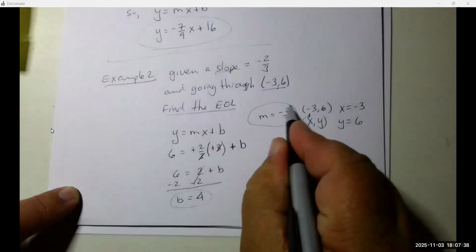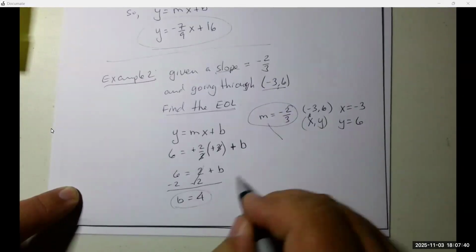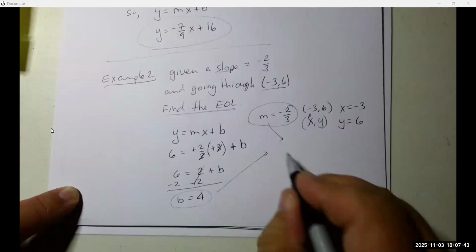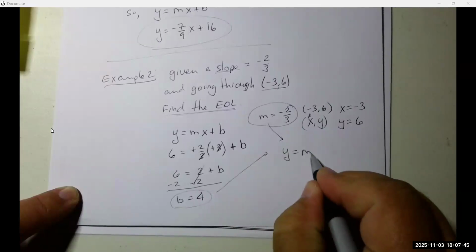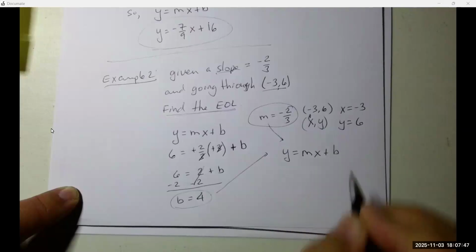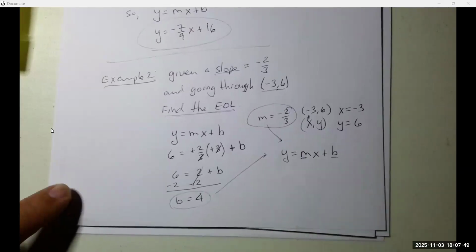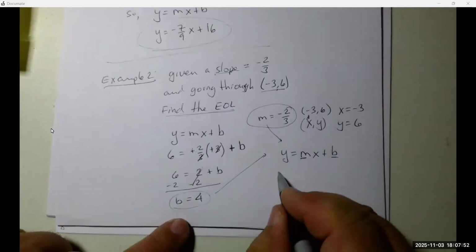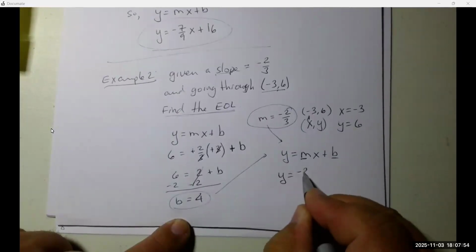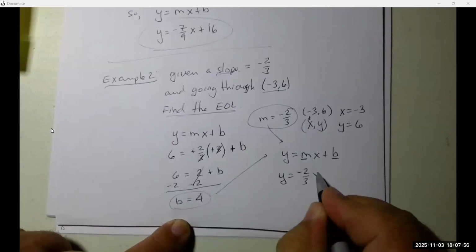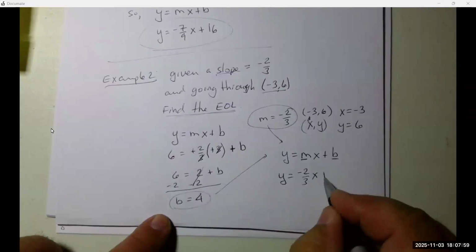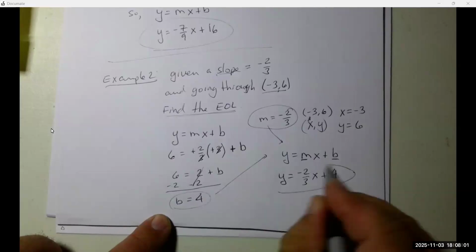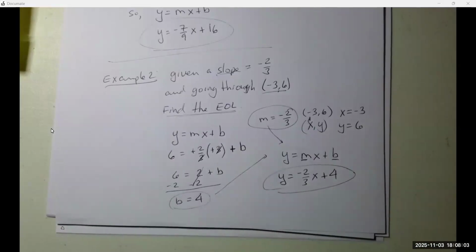So we have the slope, we have b, we put it back in here. We have to plug them into these places. Y equals negative 2/3 x plus 4. And there's your equation. Right, so that's how you find equations of line if you're given a point and a slope.